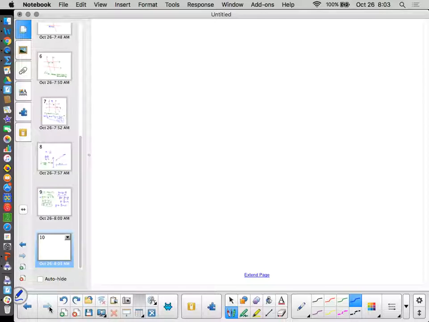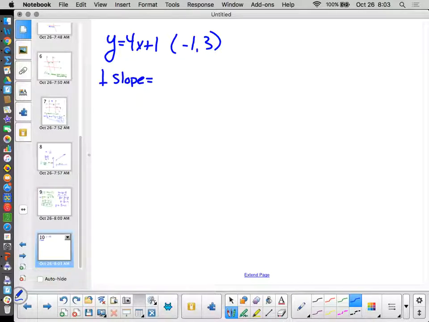y equals 4x plus 1, and the point is (-1, 3). But what do the instructions say for number 18? Perpendicular line. So the perpendicular slope is going to be -1/4. And now I proceed. y minus 3 equals -1/4 times (x plus 1).